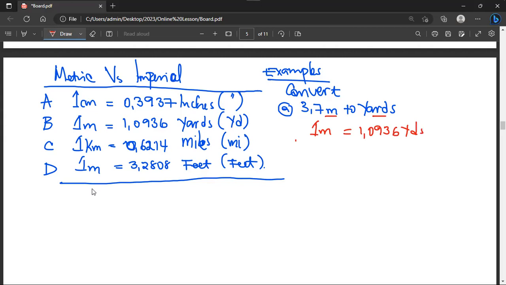So for 3,7 meters equals a certain number that we don't know. Allow me to call it B. So 1 will multiply with B, and this 3,7 will multiply with this 1,0936.